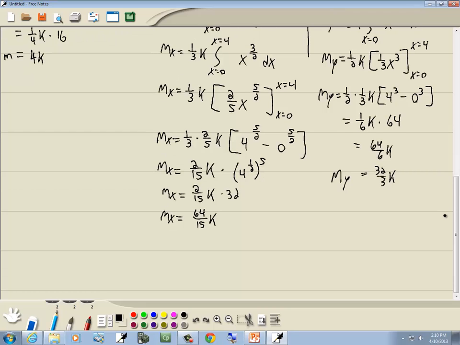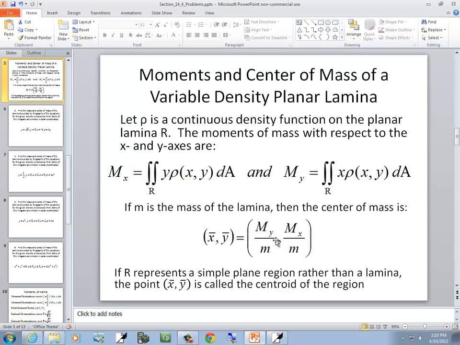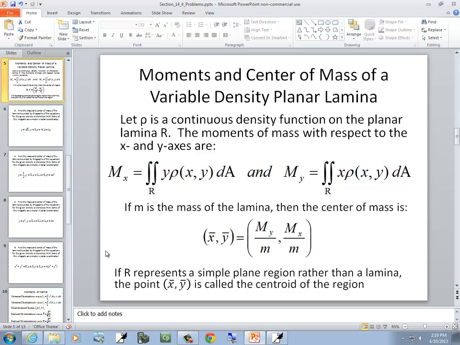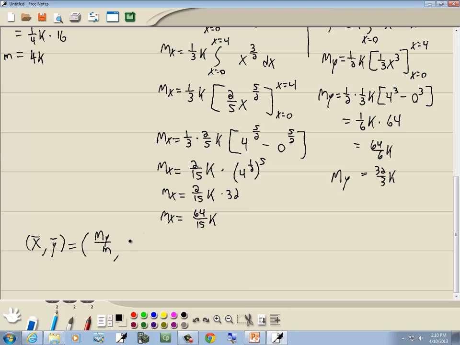Well, now we've got everything we need. So for our center of mass, it's equal to this: m sub y over m, and m sub x over m. M sub y, that's 32 over 3 k, over m, which was 4k.